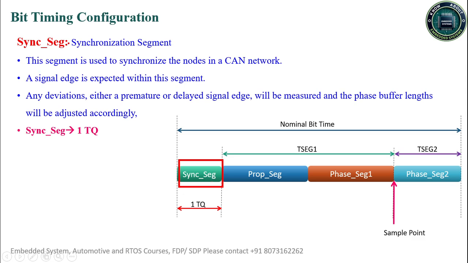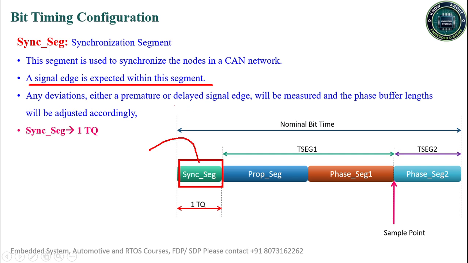The first one is called the synchronization segment, or sync segment. This segment is used to synchronize all the nodes in the CAN network. So that is what I told you. Within this sync segment, all the ECUs need to be synchronized. A signal edge is expected within it, that means every start of frame should be aligned here.